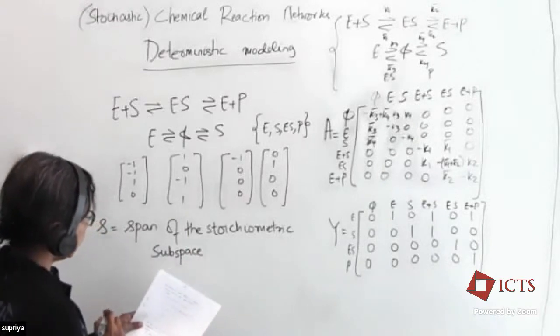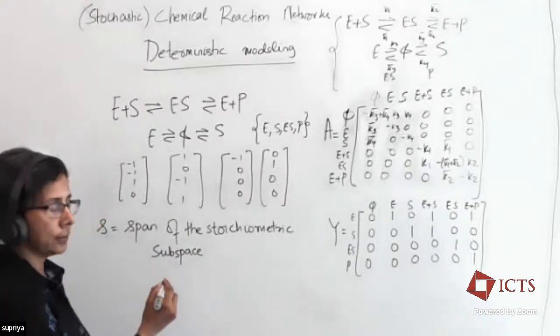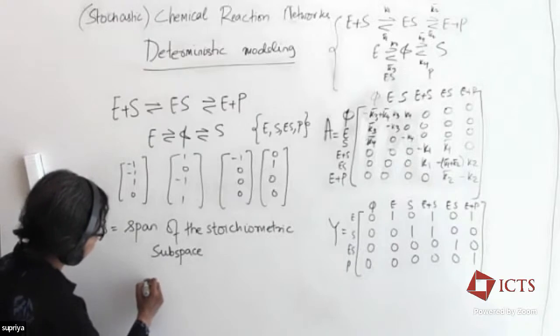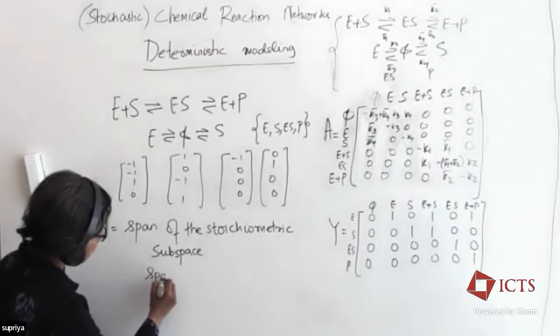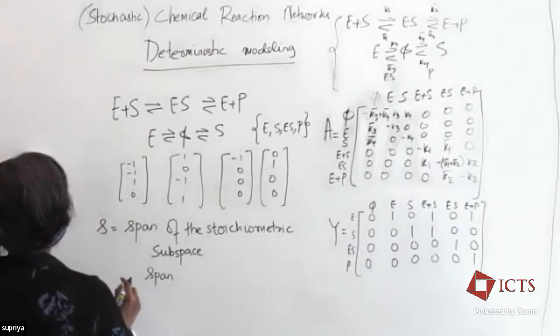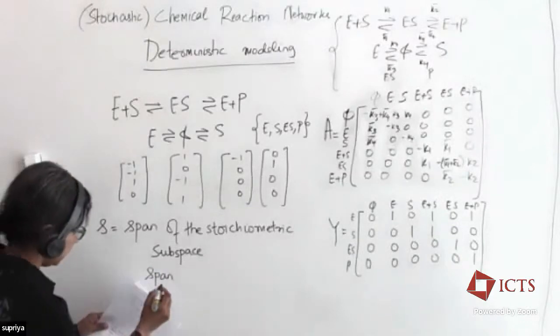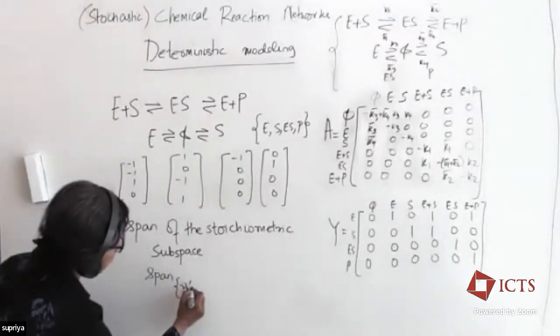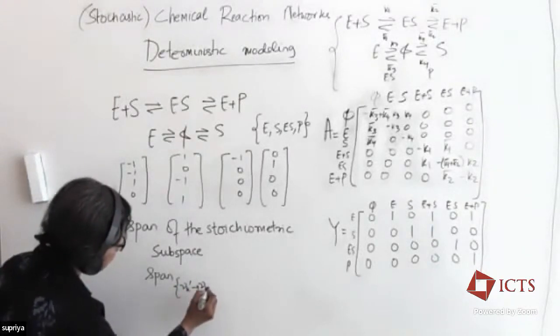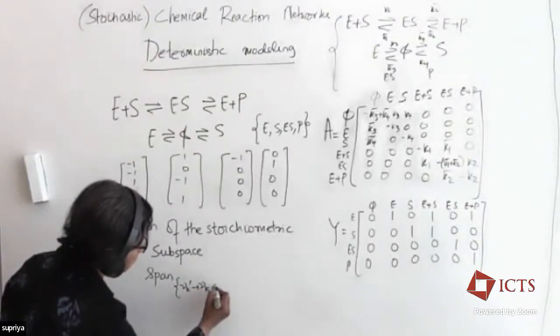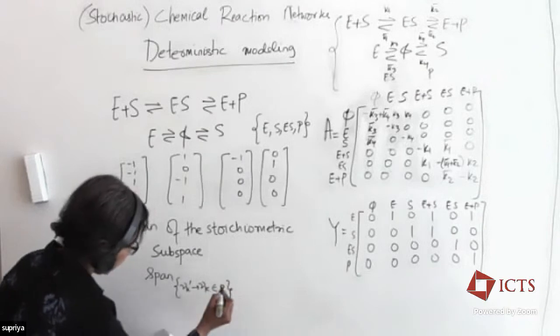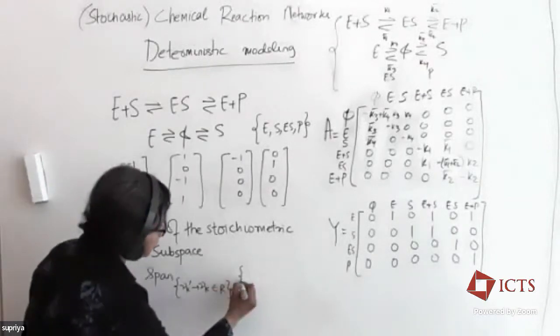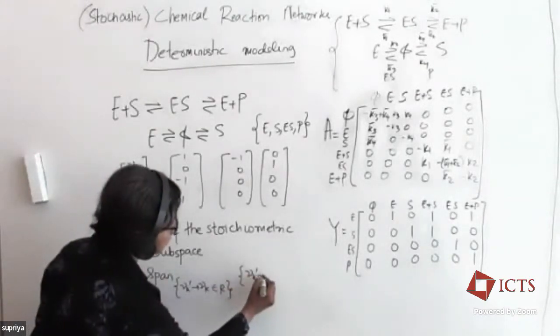In the maths notation, people write it like this: span. Let me see. Yes, you're still able to see this. We take all the reactions that are in our network, and we construct these reaction vectors.